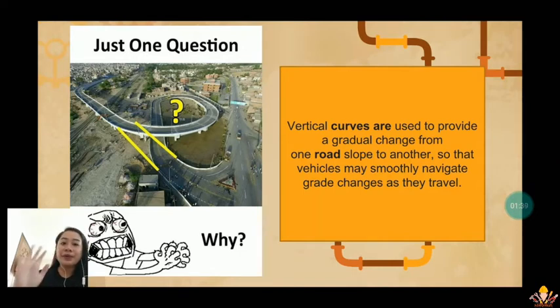For example, in the mountains, some people question why the road goes up and down. Of course, if the road in the mountain were straight, it would be very steep for vehicles, which is very impossible. That's why that is the purpose, and of course, to respect the natural curve of the earth.